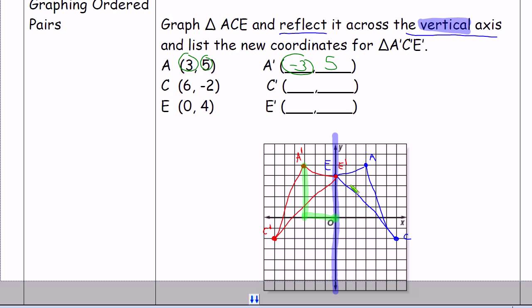It was over here, and now it's over here. To the left, so that's going to be down, also going to be a negative.